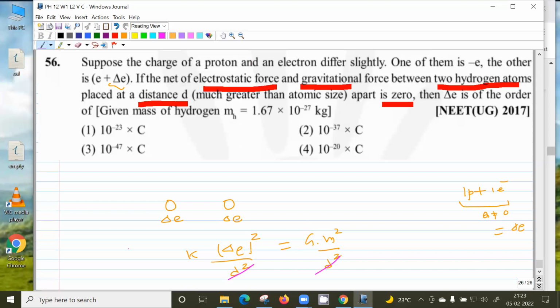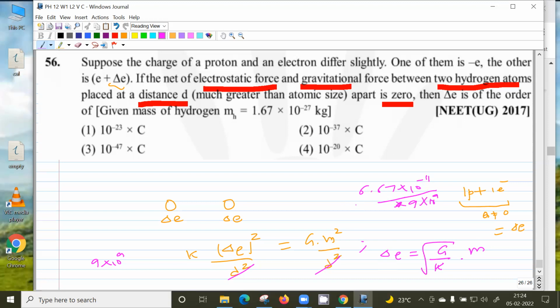Okay, and K is 9 into 10 to the 9, and G is how much? 6.67 into 10 to the minus 11. So delta e equals square root of G by K into m. So G is 6.67 into 10 raised to minus 11, divided by 9 into 10 raised to 9.